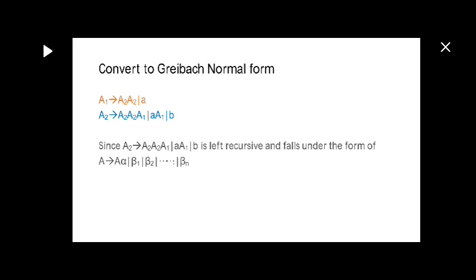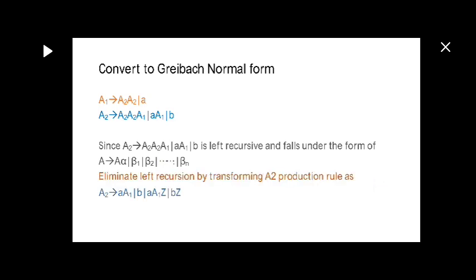Now when you take up the third production, A2 tends to A2 A2 A1, this is a left recursive production because the left and right non-terminals are identical, isn't it? So now we go for the theorem on how to eliminate left recursion, that is A tends to A alpha | beta 1 to beta n. So now we have to take all the non-left recursive productions.